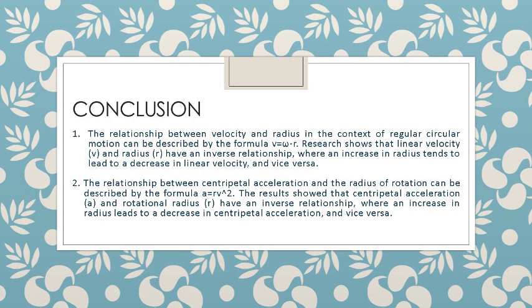Two, the relationship between centripetal acceleration and the radius of rotation can be described by the formula a equals v squared over r. The results show that the centripetal acceleration a and rotational radius r have an inverse relationship, where an increase in radius leads to a decrease in centripetal acceleration and vice versa.